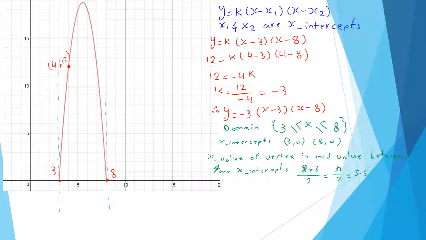So the vertex, I'm going to write here, the x value is 5.5. Now the y value is just substituting this x value in the main equation. So y equals negative 3 times (5.5 minus 3) times (5.5 minus 8).